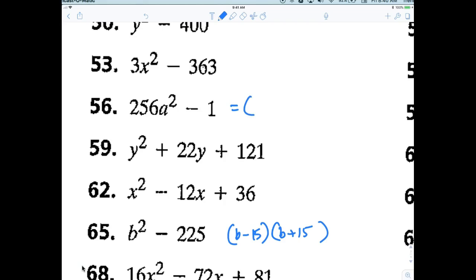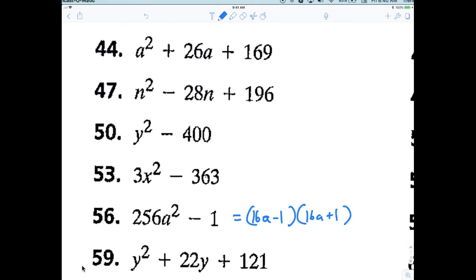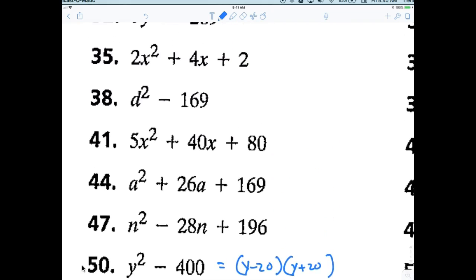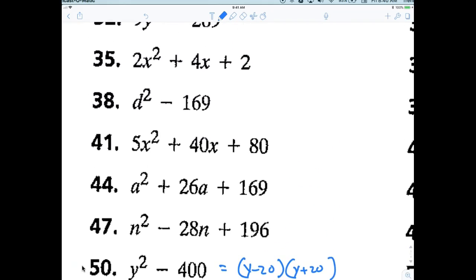Go ahead, James. It's negative 1. So tell me the answer. 16a minus 1. Then 50, minus 20. Then 38.